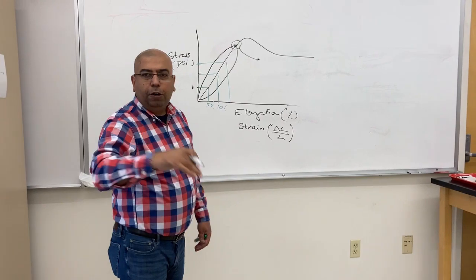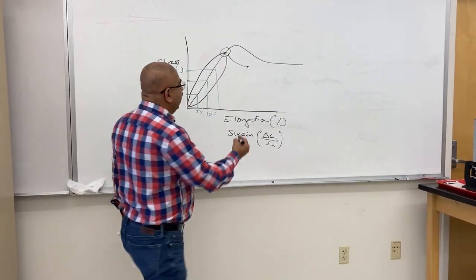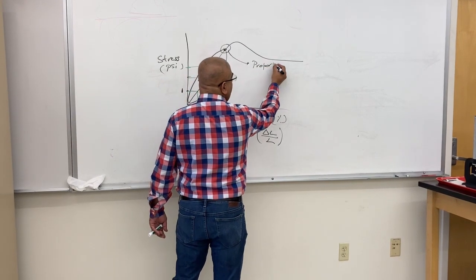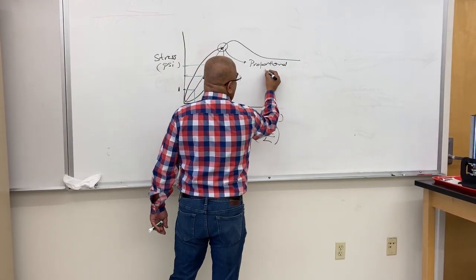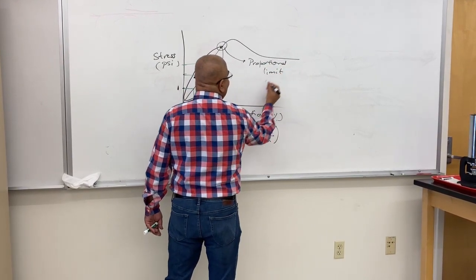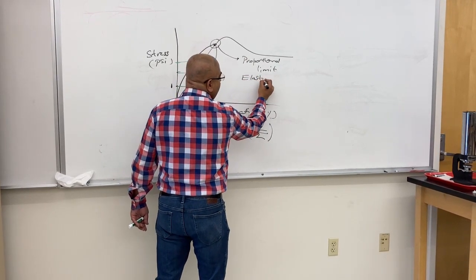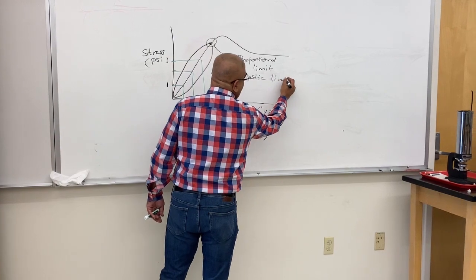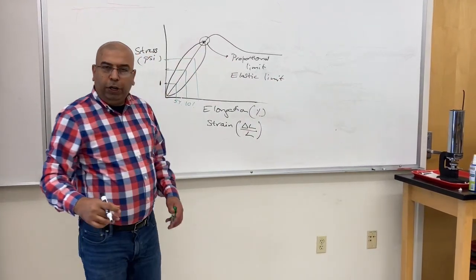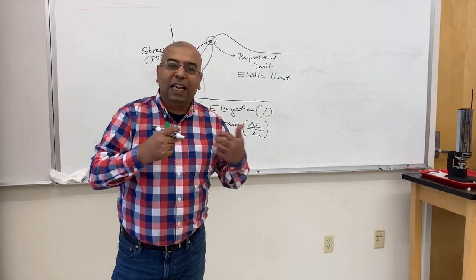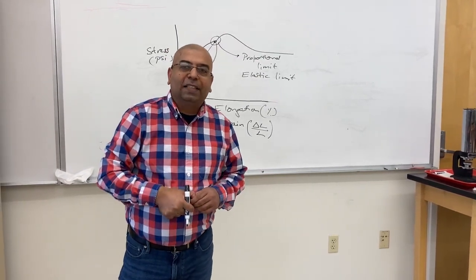This is where the linear relationship ends, and generally this proportional limit also coincides with what we call the elastic limit. So up to this point, your plastic material is having elasticity. So what is elastic?